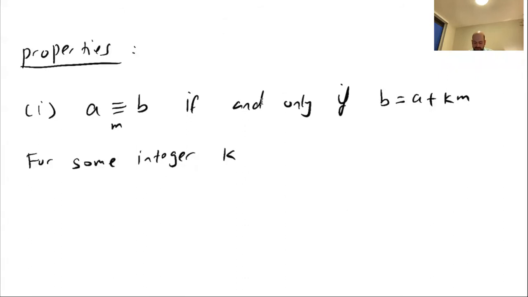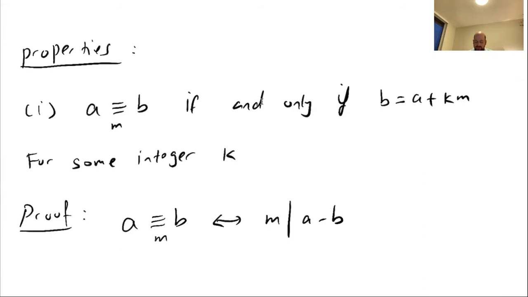So how can we prove this? This is very easy to prove. a congruent b modulo m if and only if m divides a minus b, right? According to the definition.